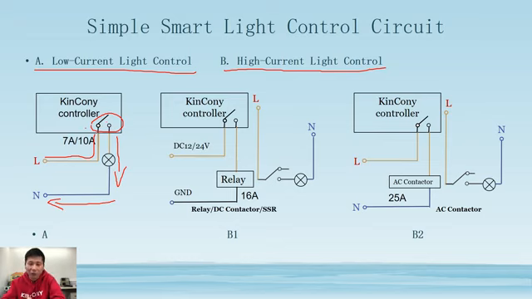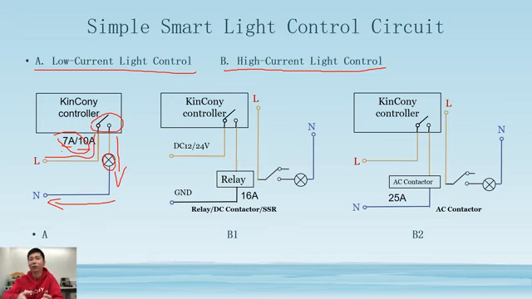This relay usually will be 7 ampere or 10 ampere, so this will be a small current. Make sure your lamp's current is smaller than this value. For example, if you use 7 ampere, I suggest your light be smaller than 3 ampere.